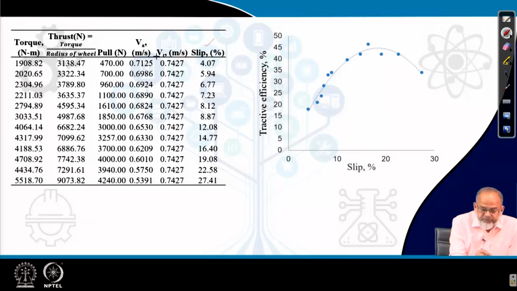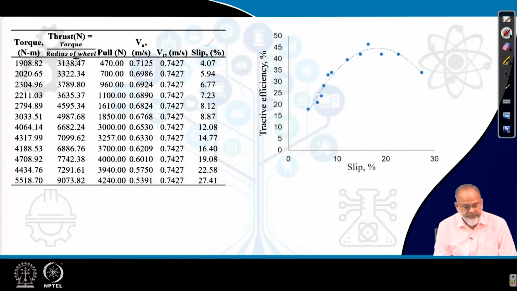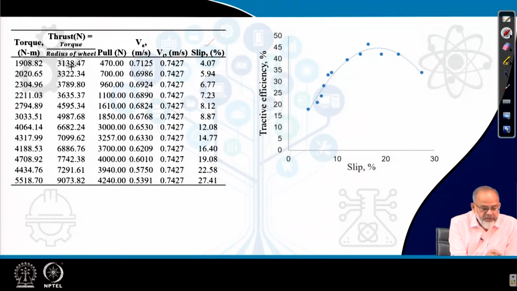Slip is computed from Va and Vt, and thrust is obtained by knowing the radius of the wheel and torque. Torque divided by the radius of the wheel will give you the thrust value. Now, utilizing that equation, we try to find out the tractive efficiency at each of these points.